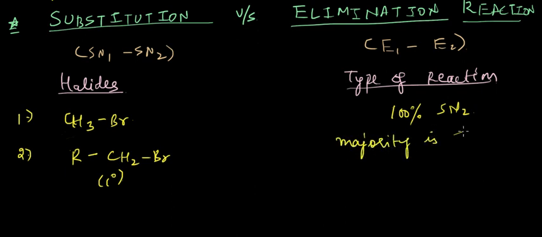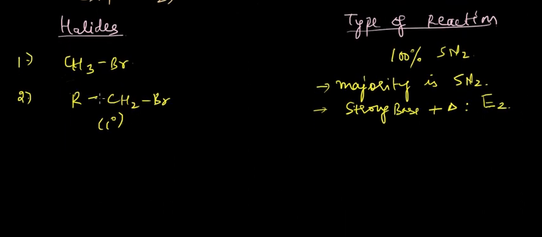And second, we can also have an elimination reaction in this case, if we have a strong base and we heat it, we can also get E2. But carbocation formation would be highly unstable on this 1 degree carbon, so we won't be talking about SN1 and E1 in this case.